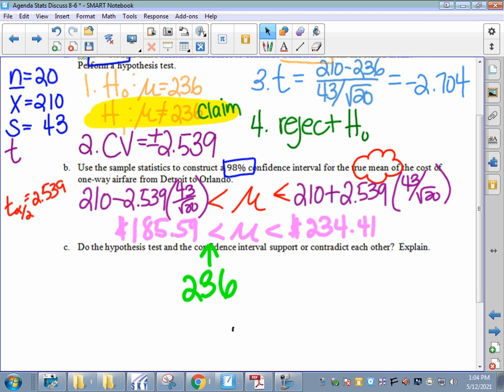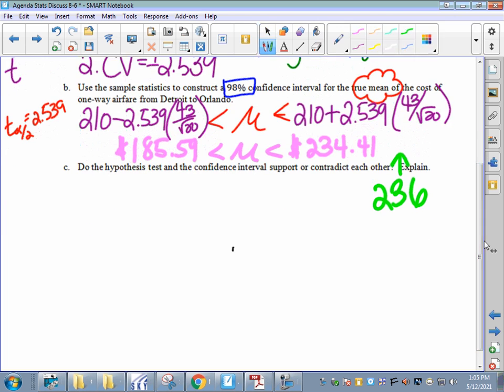Does that fall inside my confidence interval or outside? That falls outside, which was what our highlighted H sub 1 was. We rejected H sub O, we said the mean was not equal to 236, and 236 is not a part of our interval. So our confidence interval supports the hypothesis test.